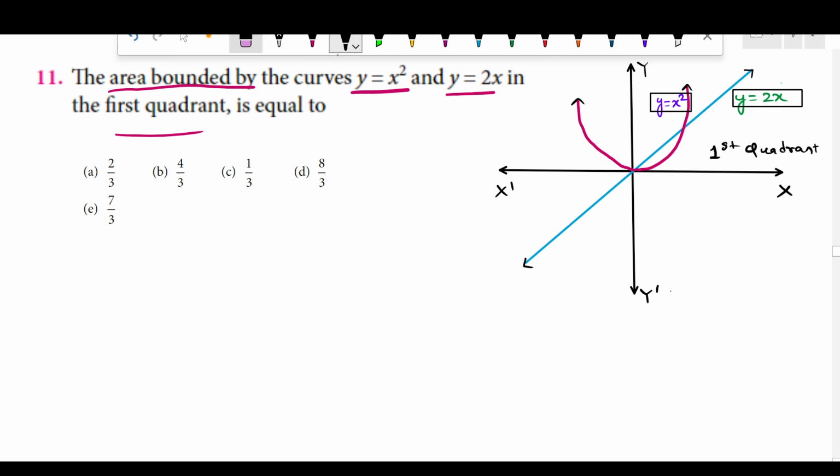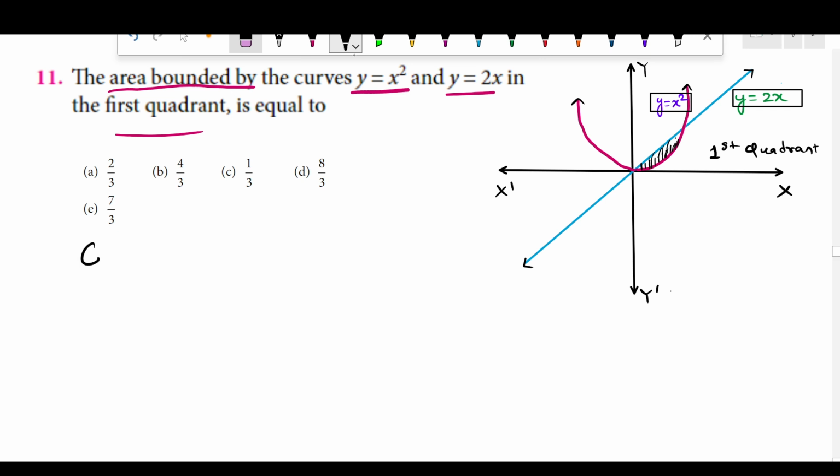We need to find the area bounded by the curves y equals x square and y equals 2x in the first quadrant. Means this area we need to find, right? Is the question clear to everybody? Then we can move on to its solution.